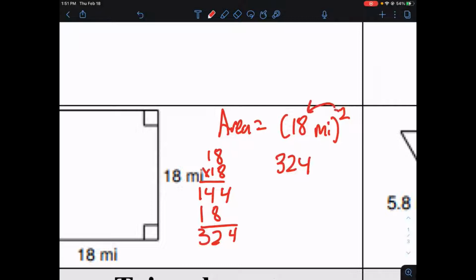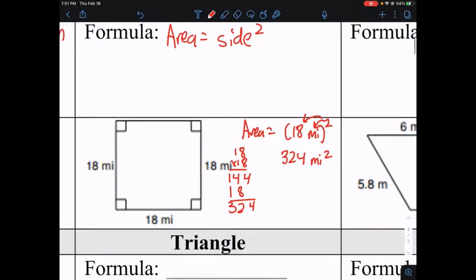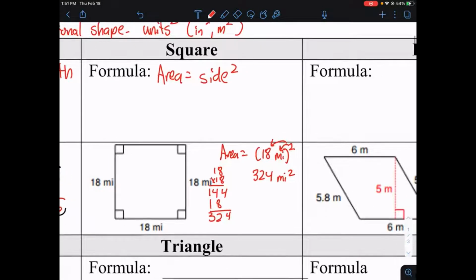But then we also do the miles squared. Okay, so again, those two shapes I'm sure you've seen multiple times throughout the years, but we just want to make sure we remember them.